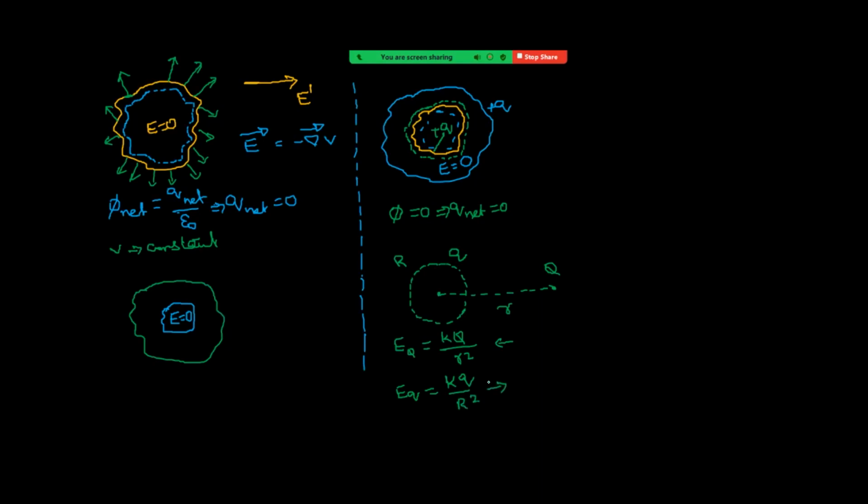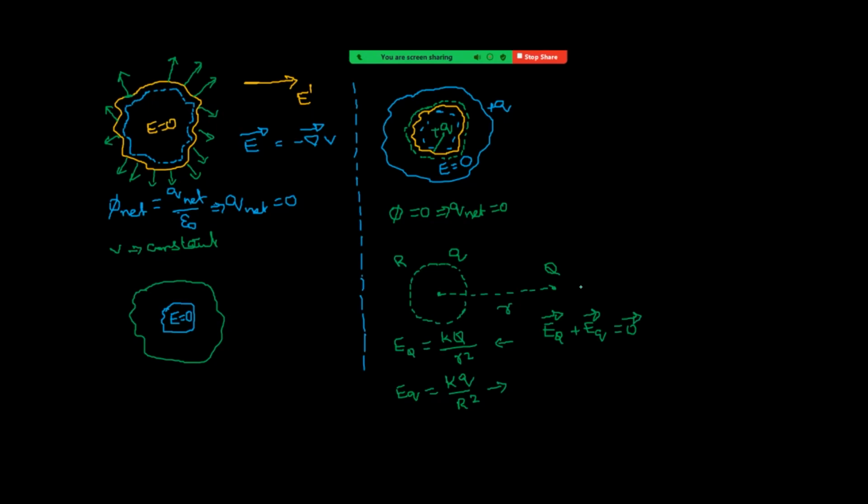Direction will be right side. Now these two will balance. That means the field due to Q plus the field due to small q, total equal to 0.